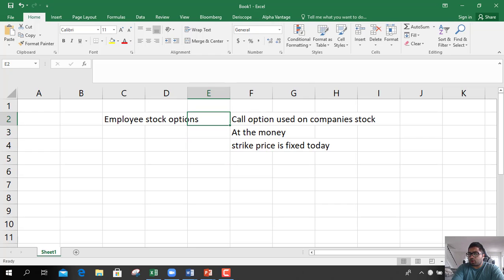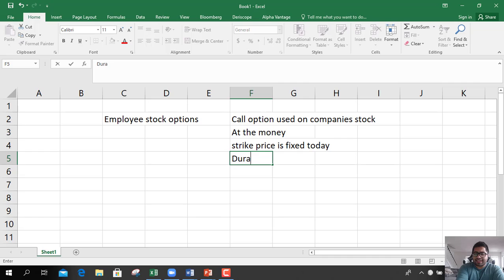So employee stock options are essentially call options that a company issues on its own stock, right? When they are issued, they are generally at the money. Strike price is fixed today. Generally the duration is 10 years. And there is a concept of vesting date, which is generally after 4 years.